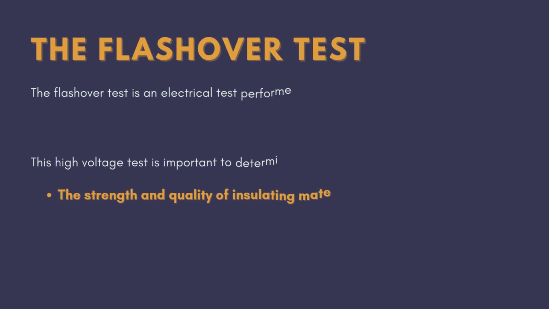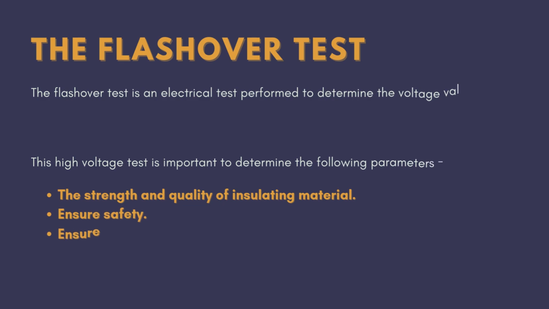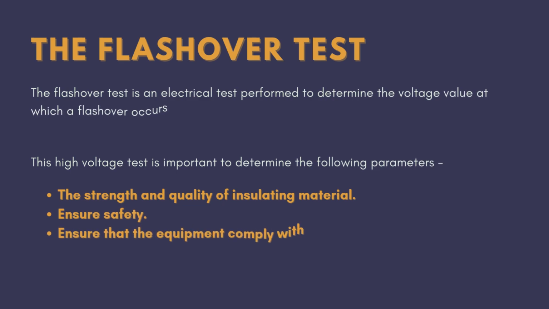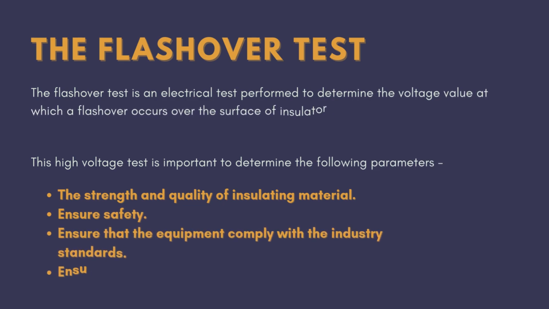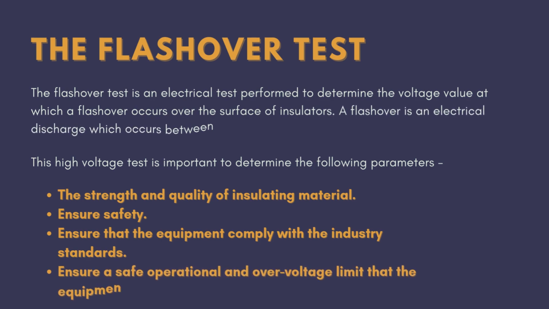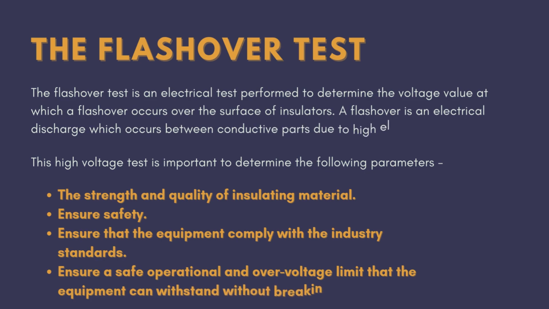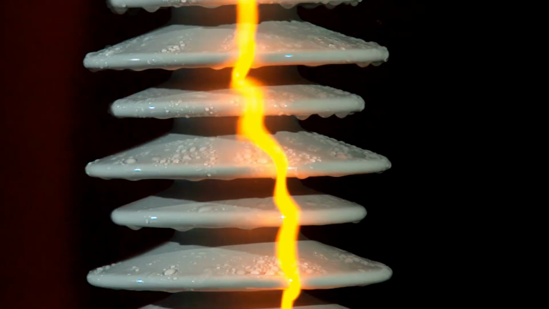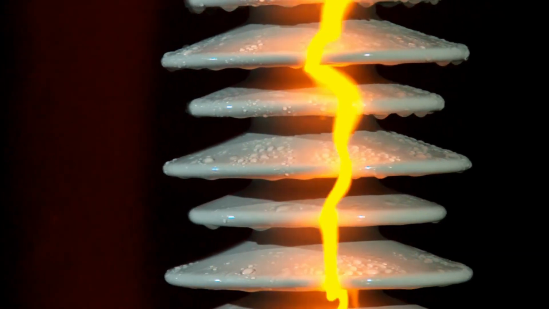Next, let us discuss the flashover test. The flashover test is an electrical test performed to determine the voltage value at which a flashover occurs over the surface of insulators. A flashover is an electrical discharge which occurs between conductive parts due to high electric voltage.